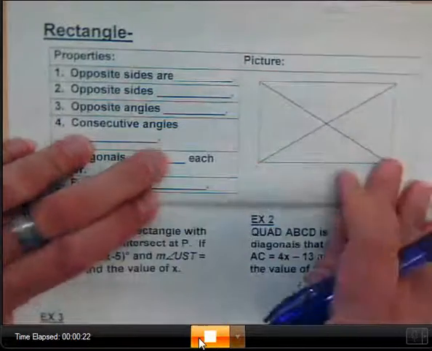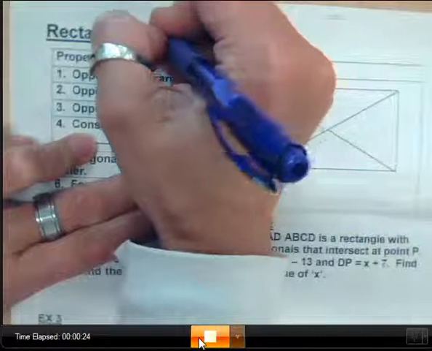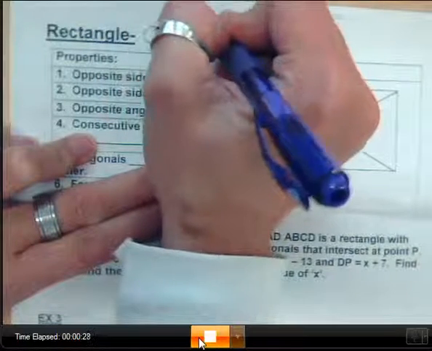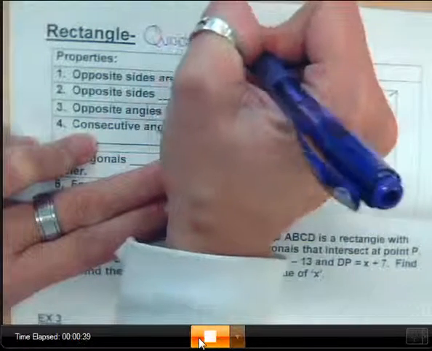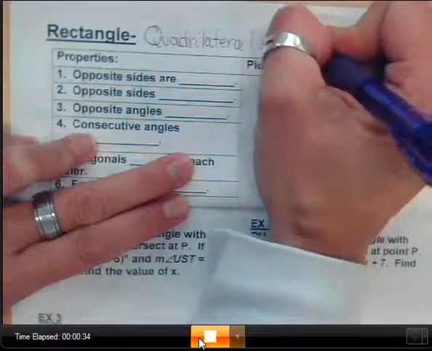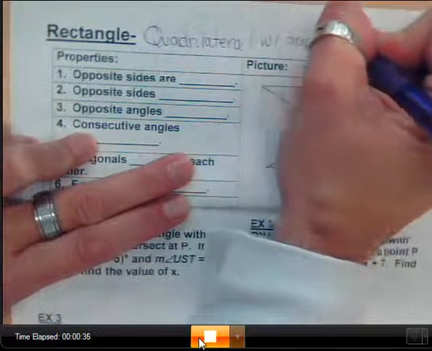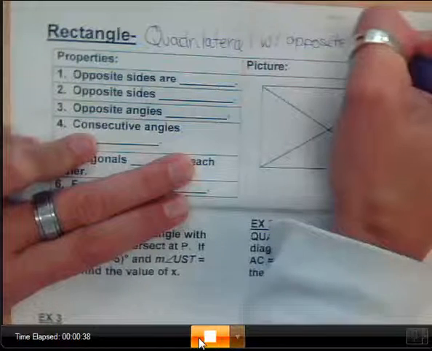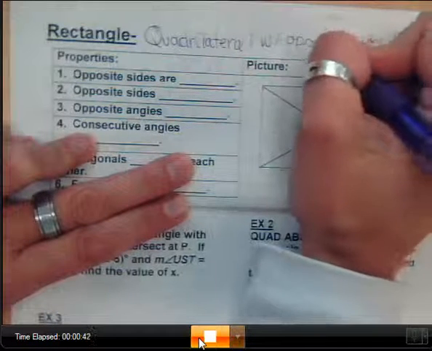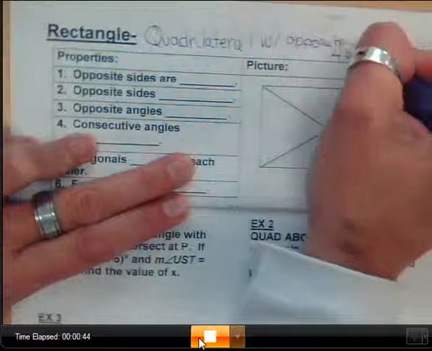Our definition of a rectangle is a quadrilateral with opposite sides congruent and 4 right angles.